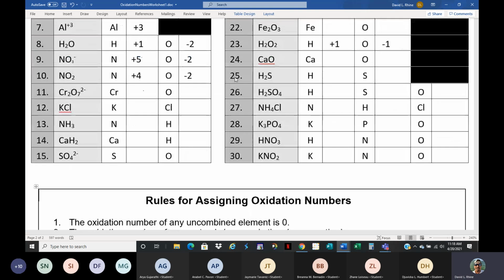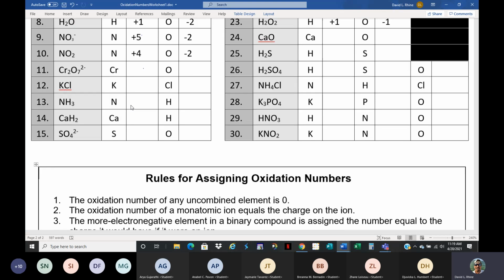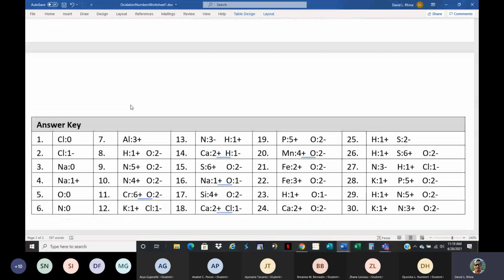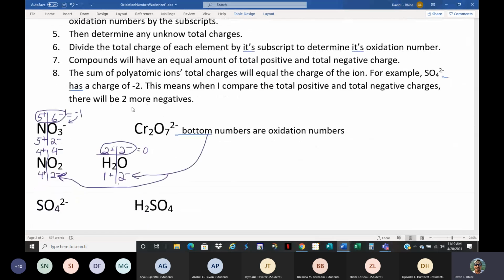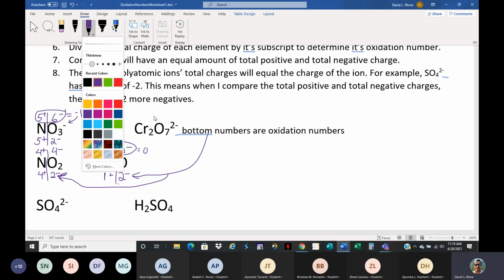So back, go to chromate. Cr2O7, 2 minus, a net charge is 2 minus. So when I compare the sums of my oxidation numbers at the top, I'm going to have 2 more minuses than pluses. Okay, so we'll go down here. We put a line between them.